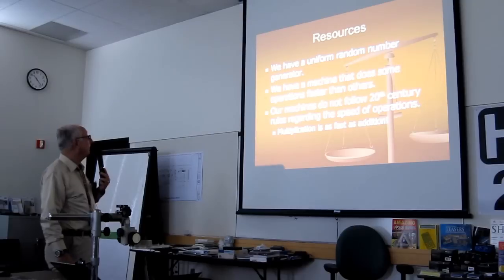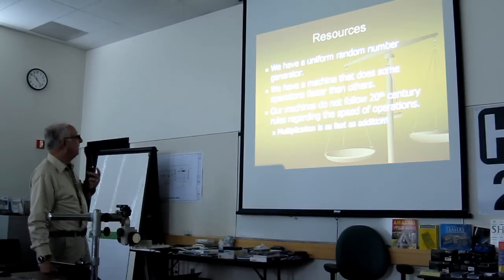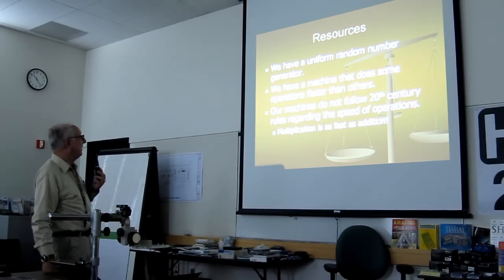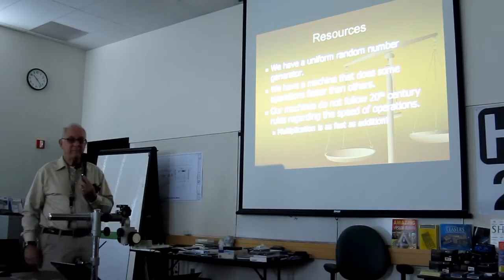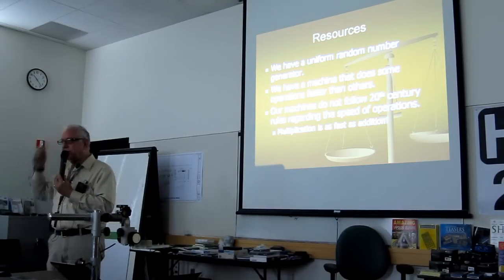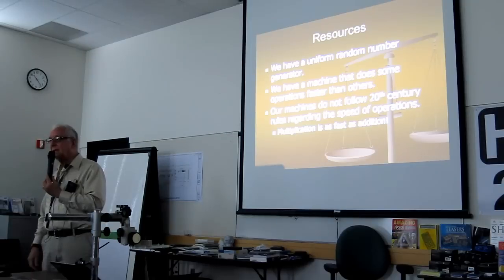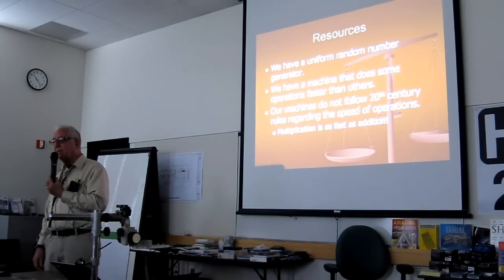But so on the 35S we have a uniform random number generator. It does some operations faster than others. Now, if you look in Knuth's book from the late 1960s, he has a whole section of one chapter on fast multiplication.